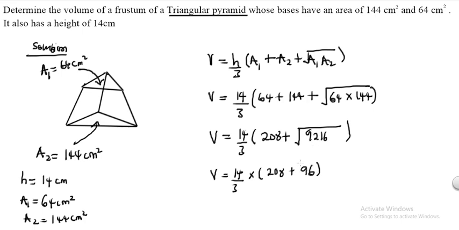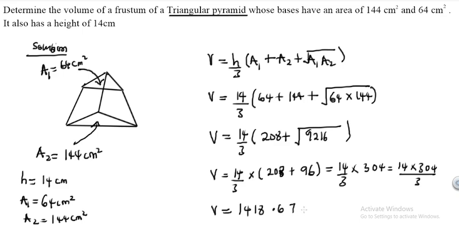So if I add 96 to 208, I have this equal to 14 over 3 times 304. So if I do 14 times 304 divided by 3 on my calculator, my volume is 1,418.67 centimeters cubed. This is to 2 decimal places, by the way.